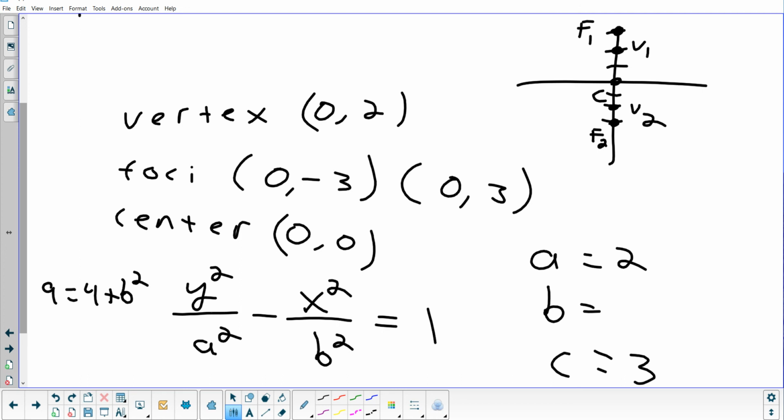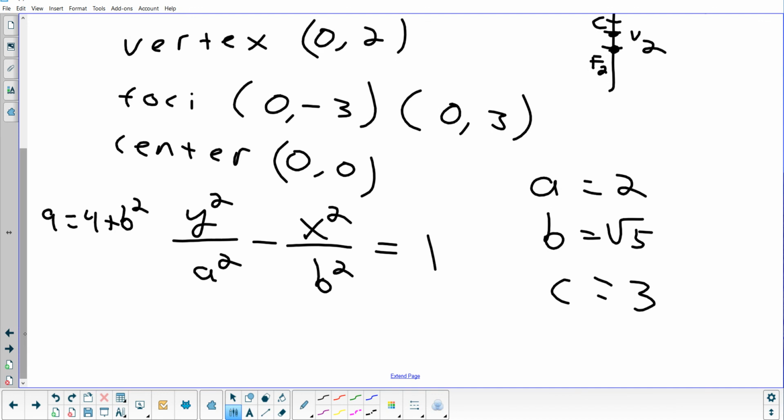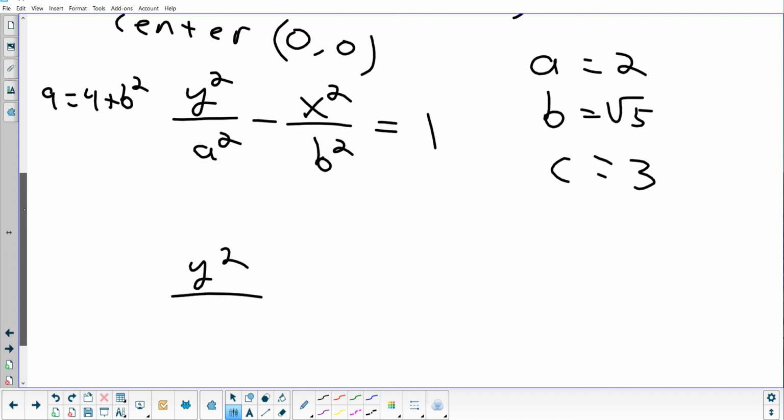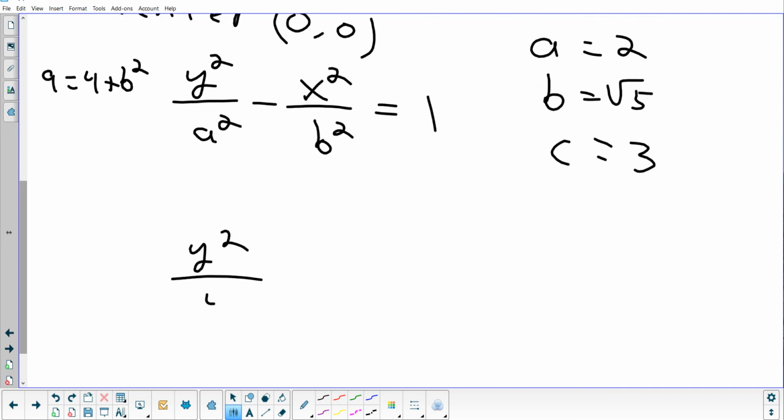It's going to be the square root of 5. But b squared is what we really need unless you're writing the asymptote. Then you need b for part of the slope. Okay. In this case, b would be the run. It would be in the bottom. Okay, so equation. Y squared over 4 minus x squared over 5 equals 1.